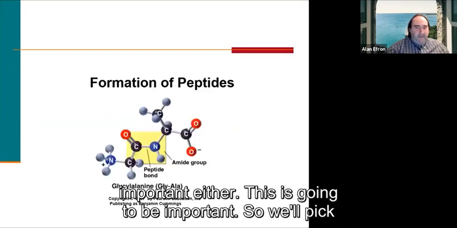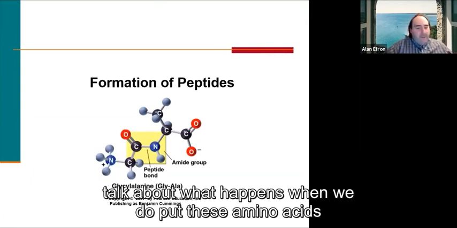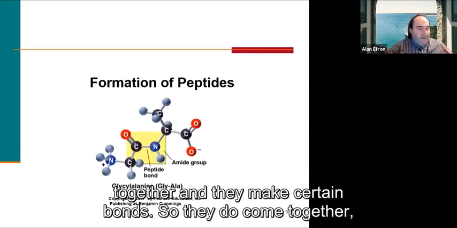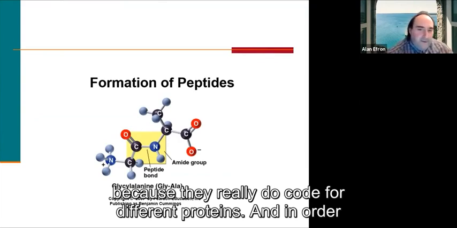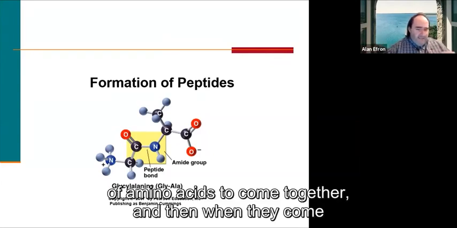This is going to be important, so we'll pick back up here. Back to semi-importance. We're going to talk about what happens when we put these amino acids together and they make certain bonds. They come together because they code for different proteins. In order to code for different proteins, we need a big chain of amino acids to come together.